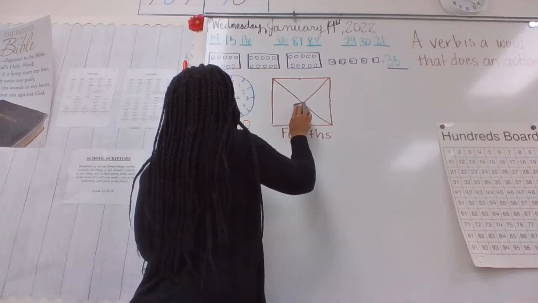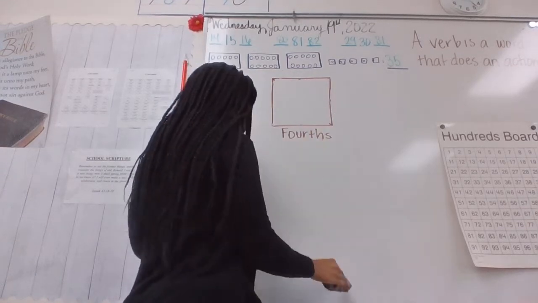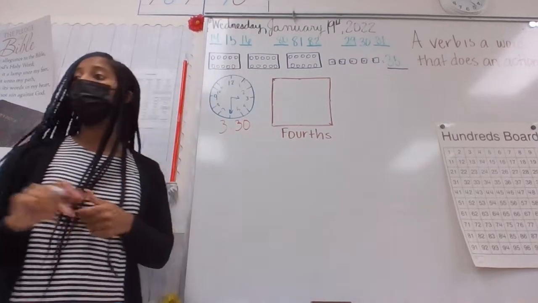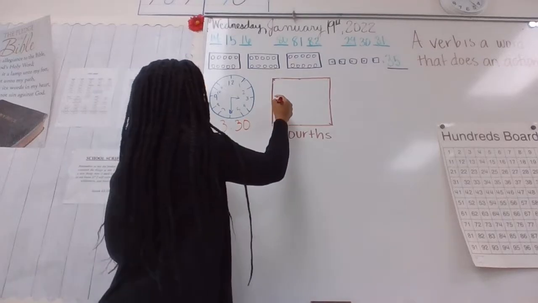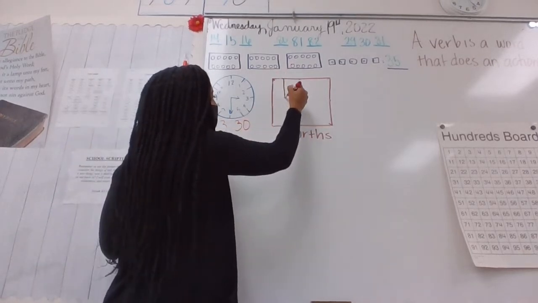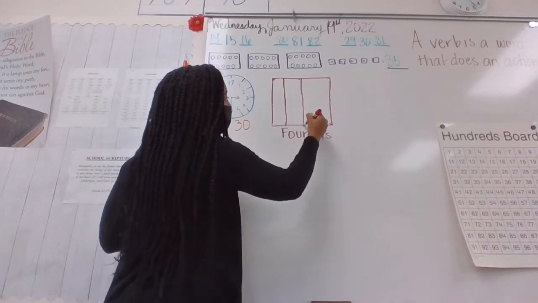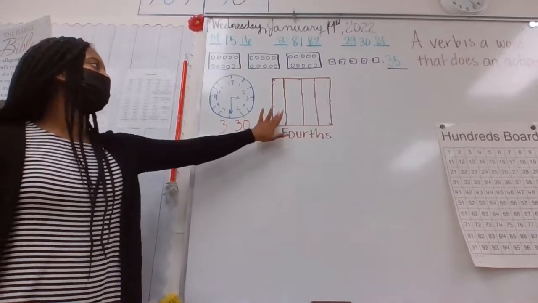We have 2 more ways we could, besides the 2 ways we gave already. Put a line in the middle. Well, yeah, but that's the one we did. So we can do straight lines down. That's a way to divide into 4s. 1, 2, 3, 4.